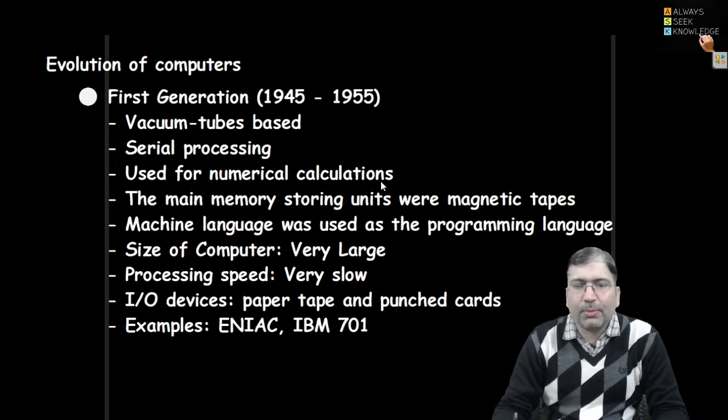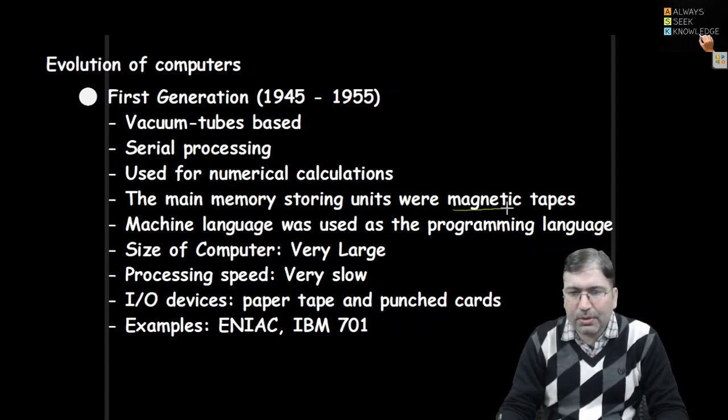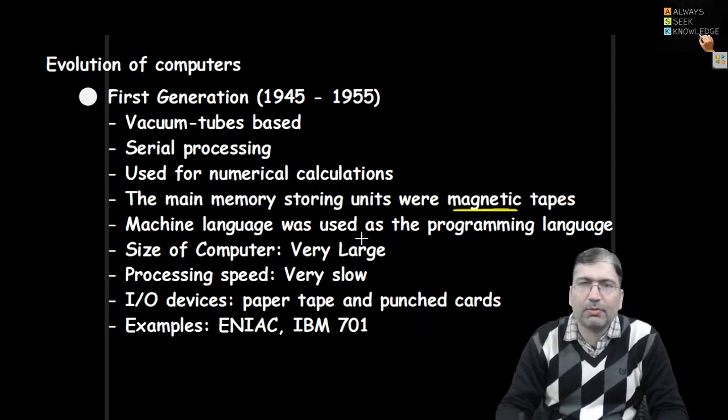Such kind of computers were used for numerical calculations. In terms of main memory, there were magnetic tapes. So magnetic tapes were used as memory in these computers. Machine language was used to code the computer. So you can say low level language was used to program them.